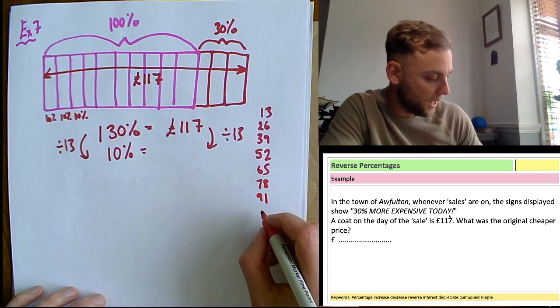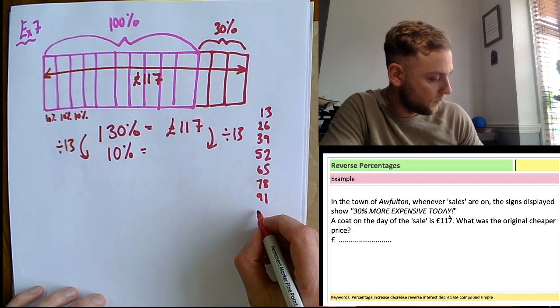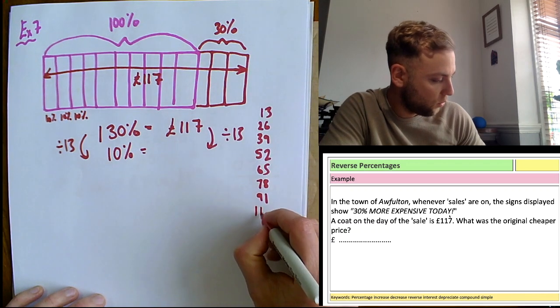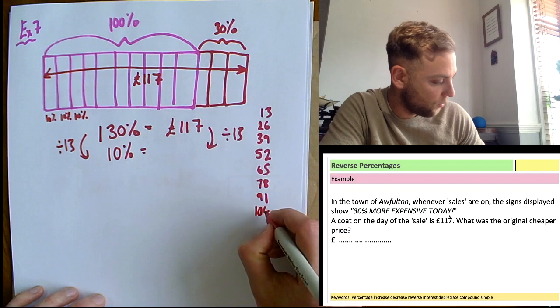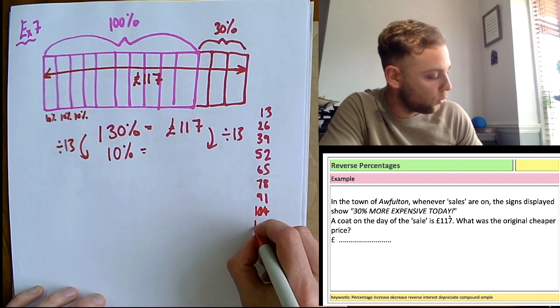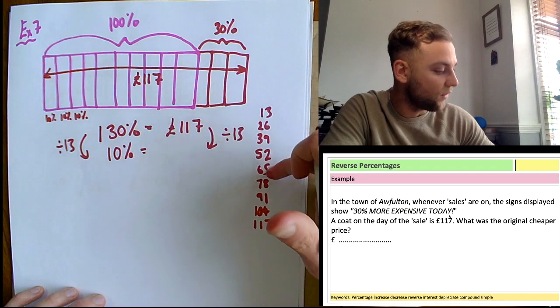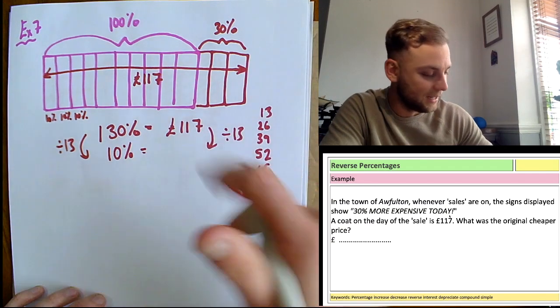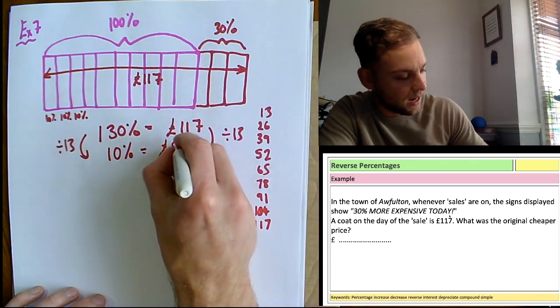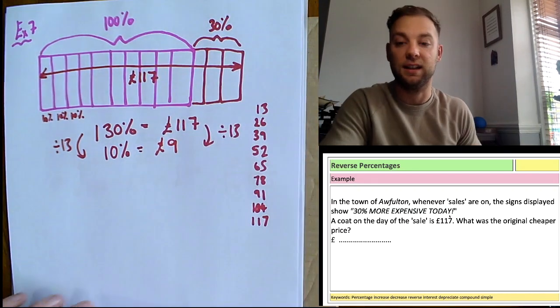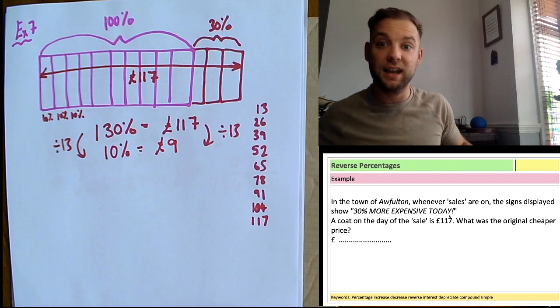You might just know it off the top of your head. 104, and then 117, which is 1, 2, 3, 4, 5, 6, 7, 8, 9. So it goes in 9 times. Okay, nothing wrong with writing that on the side if you need it. Just make sure you're taking your time with it.